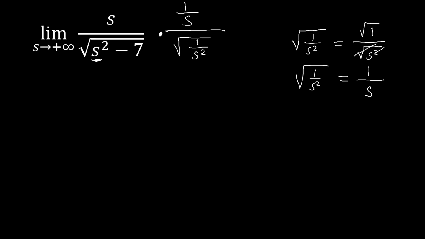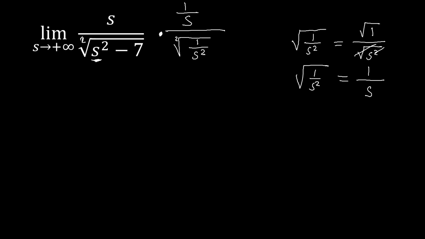The reason here is we cannot simplify the top when we use the square root of 1 over s squared, because the rule in multiplying radical expressions is that they must have the same index. Index meaning the number in here, even though we don't have a number visible here, this is understood to be 2, and so with this one.